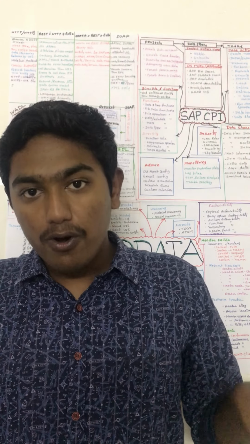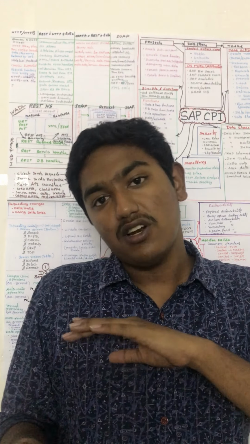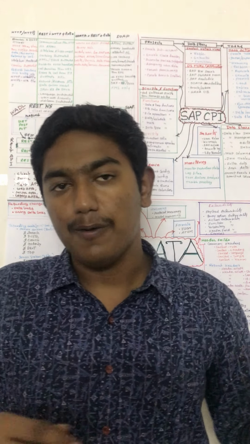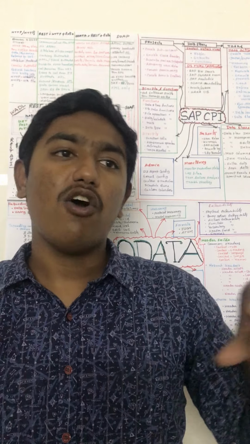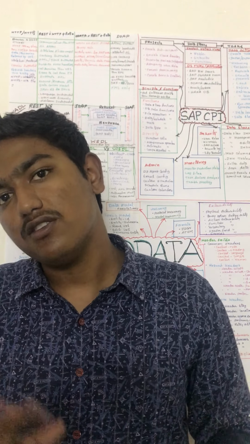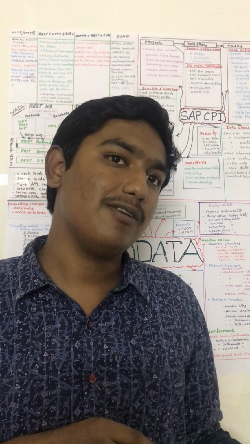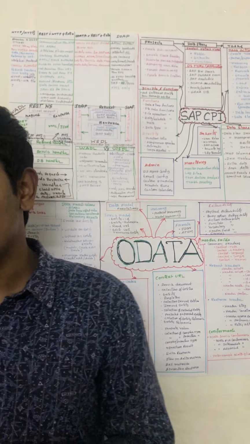Before using these frameworks for requesting information and giving responses, you need to integrate all these things. You need to integrate C4HANA and CPQ, CPQ and CPI, C4HANA and CPI, and again CPI and S4HANA.